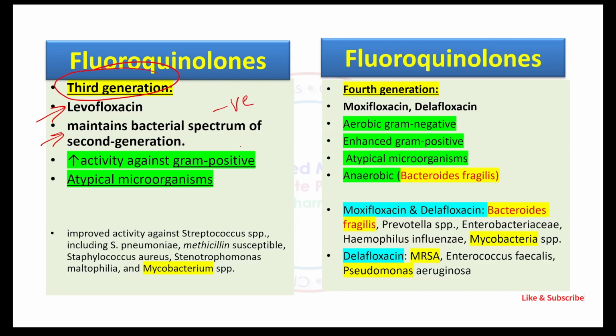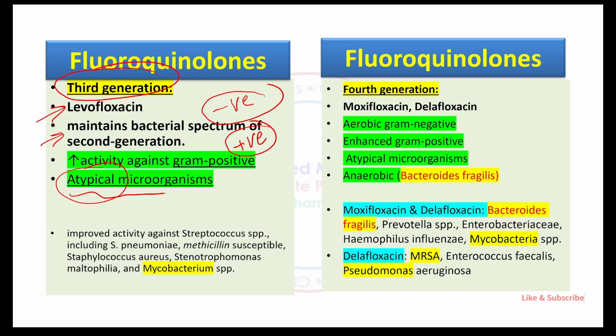They said it's effective against gram-positive bacteria, and effective against atypical microorganisms. Three advantages for third generation levofloxacin: effective against gram-negative bacteria, gram-positive bacteria, and atypical microorganisms such as chlamydia and mycobacterium.